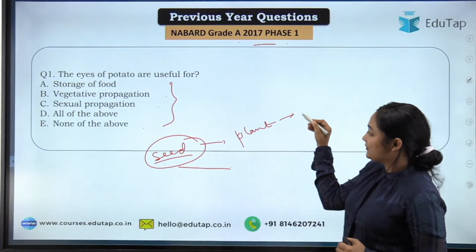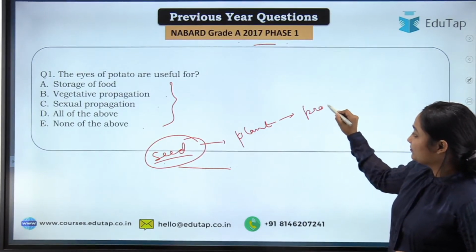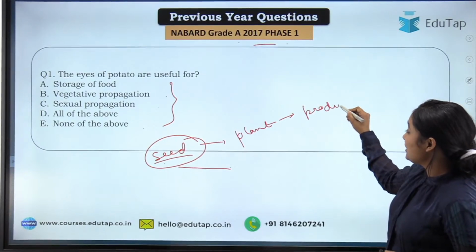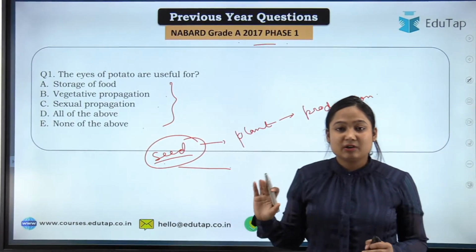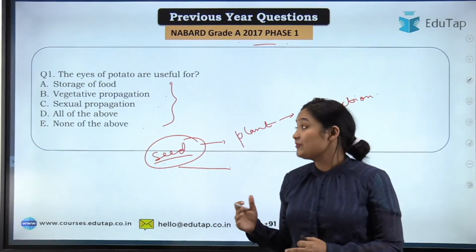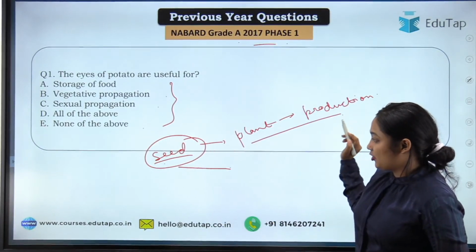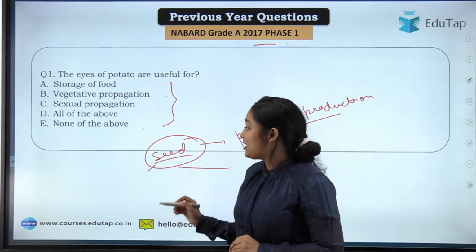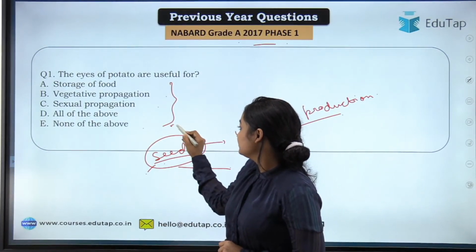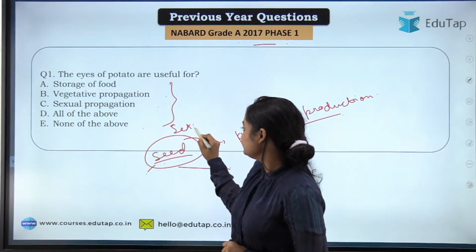Good quality plants will give you good quality production, and this will be responsible for good GDP, upliftment of agriculture and farmers' income. Once we know the seed is there, how are seeds obtained? They are obtained through sexual reproduction.